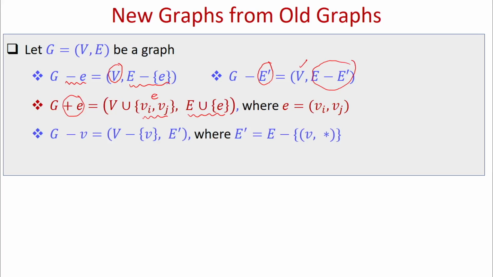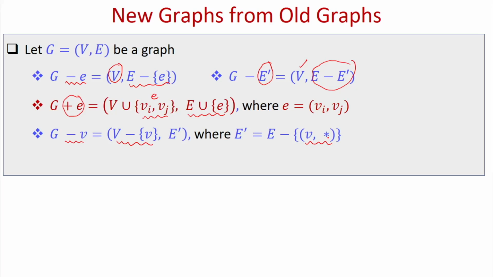On the other hand, if I delete a vertex from my graph G, then definitely the vertex set gets affected and also the edge set gets affected. So I have to remove all the edges whose one of the endpoints is v from my graph. So it's like saying the following. Again, if my graph represents a computer network, then deleting a vertex is equivalent to saying that I am removing a computer itself from my network.